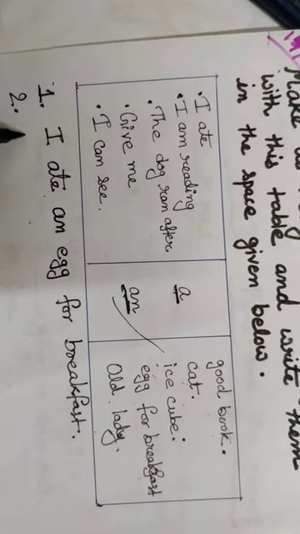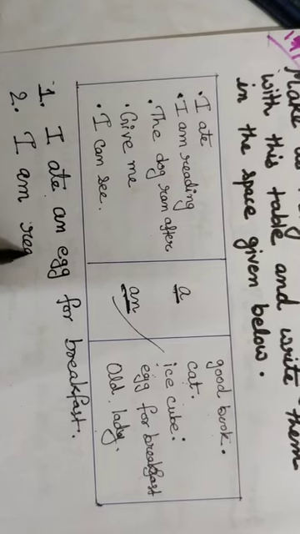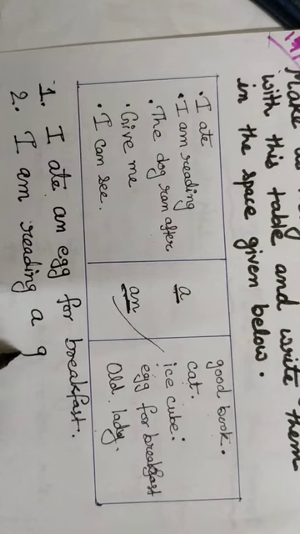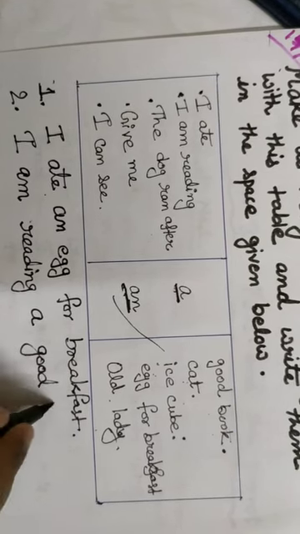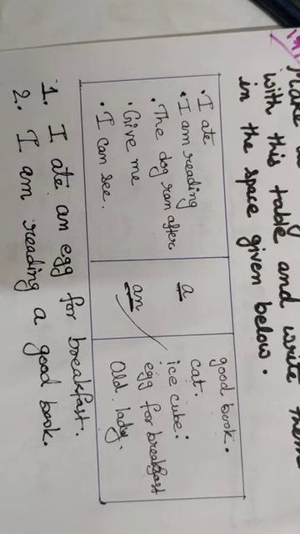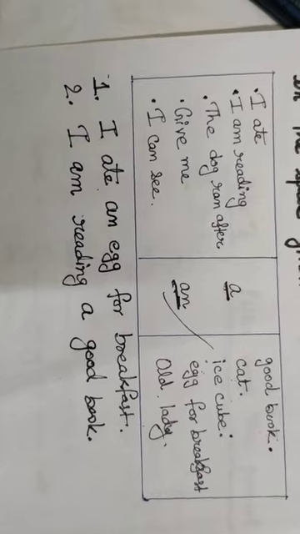Sentence number 2. I am reading a good book. In this way, you will know how to make sentences. Okay? With using vowel and consonant.